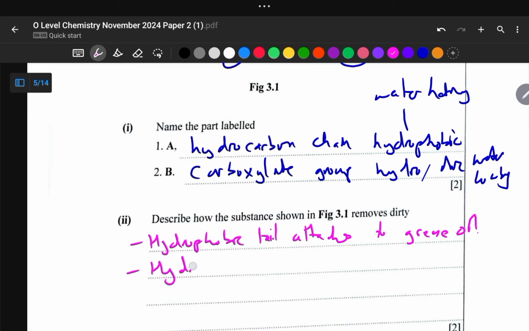So the hydrophilic head interacts with the water molecule, right?